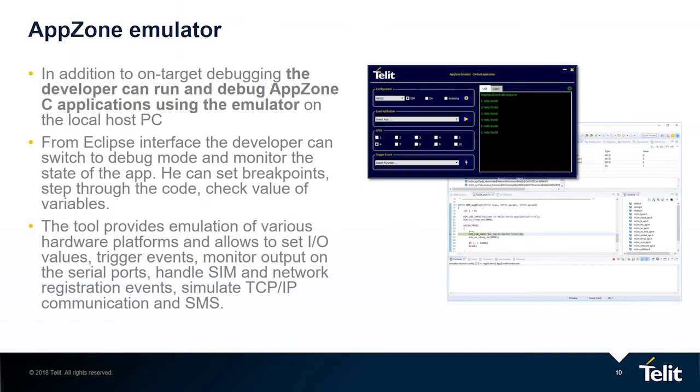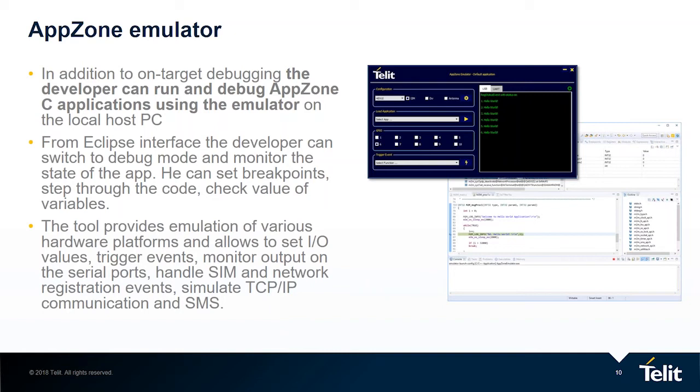The emulator is another important part of the SDK, and the emulator allows you to test the application on the PC without necessarily having the actual hardware and the module. In this case, you need from Eclipse to switch to debug mode.